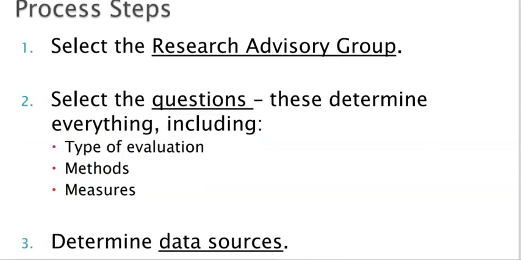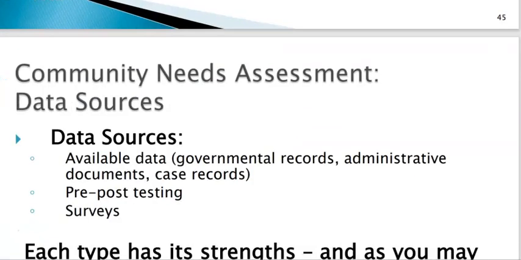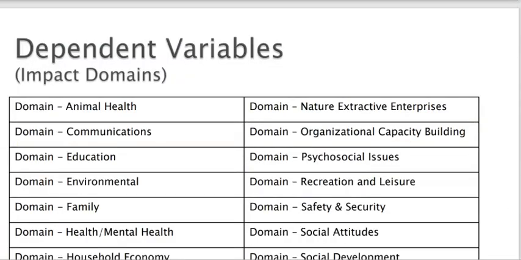Select the research advisory group, select the questions, which determines everything, including your type of evaluation, and determine your data sources. There are many data sources, which could be governmental, administrative records, case records, pre-post testing, surveys. Everyone has strengths, and you may want to use multiple methods.